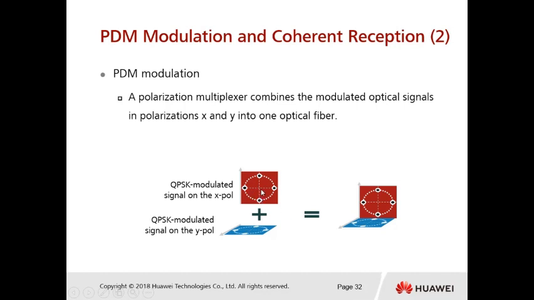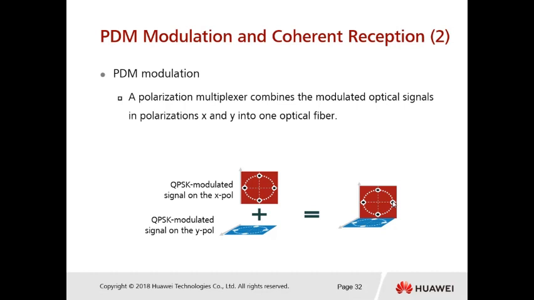Then after the laser at the transmit end is divided into two parts in polarization X and Y, QPSK or BPSK modulation is performed on the two polarized lights X and Y. The polarization multiplexer combines the modulated optical signals in polarizations X and Y into one optical fiber, and then the signals are multiplexed and amplified for optical cable transmission.